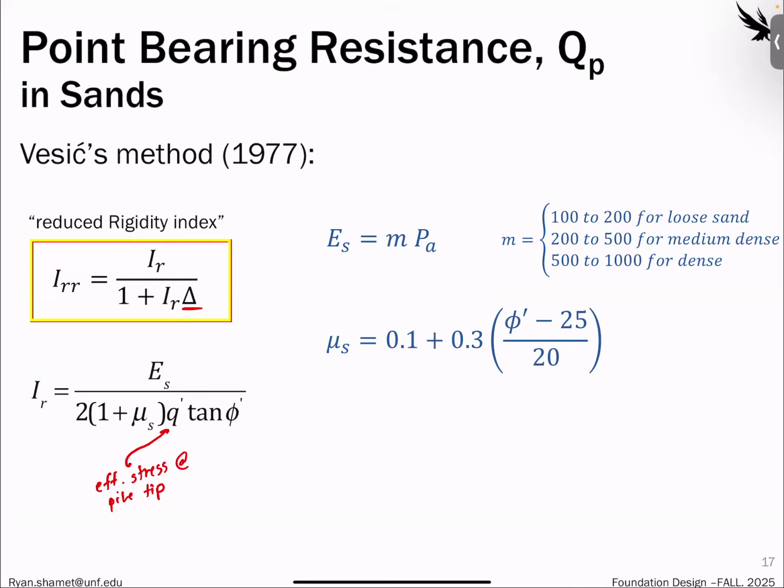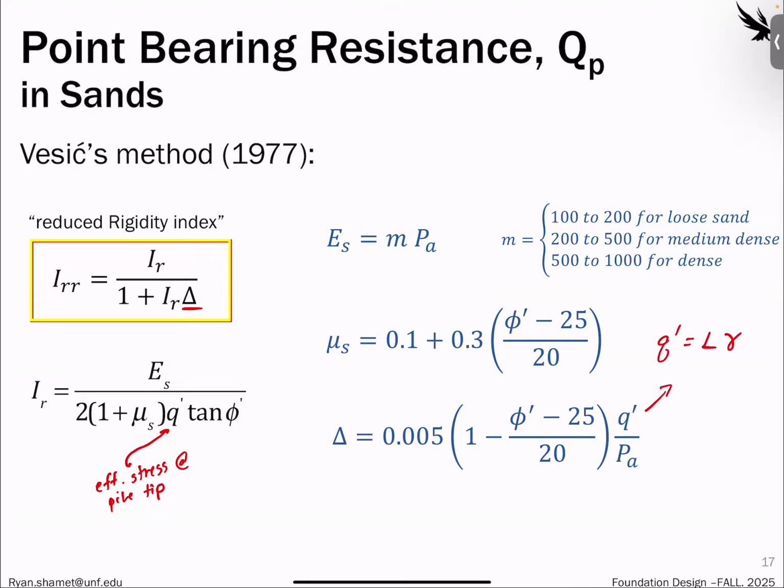And then that volumetric strain in the plastic zone, this delta term, is a function of friction angle and the vertical effective stress, again, at the pile tip. So q prime, another way of writing this would be the length of the pile times that submerged unit weight, or whatever it is if there's a groundwater table, just to make sure that it's effective stress conditions.